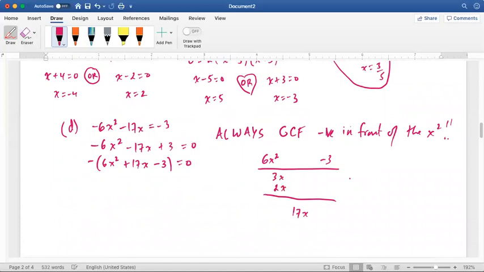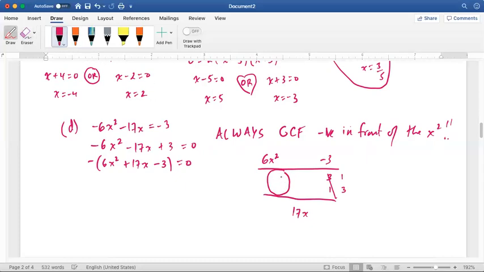Let's see if that works. And we'll try 3 and 1. 3 times 1 and then 6. One of these has got to be negative. That's not going to get me to 17. If I flip the 3 and 1 the other way, so 1 and 3, that still doesn't get me to 17. So this choice here of 3x and 2x is probably not the best way to go.